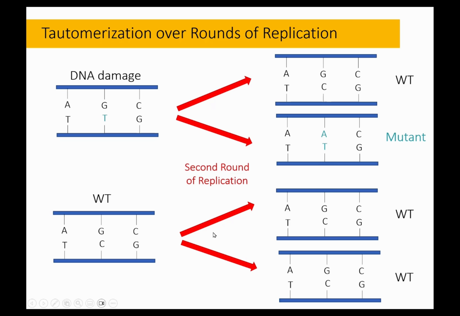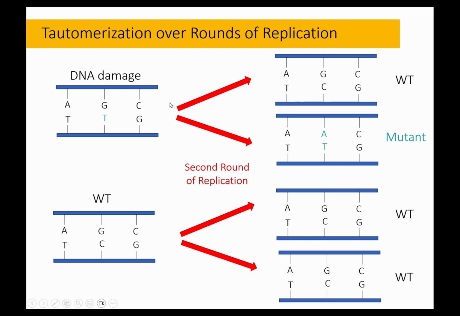So just write 2 wild type, right, next to your wild type sequence. DNA damage, take this top, put it here, this bottom here. If you do top and bottom, it's important. If you flip and flop, you're going to get the question wrong, and you'll see why. When I ask you if it's a transition versus transversion mutation, you'll get it wrong. Don't flip and flop. Keep it all consistent. This top strand here, this bottom strand here.